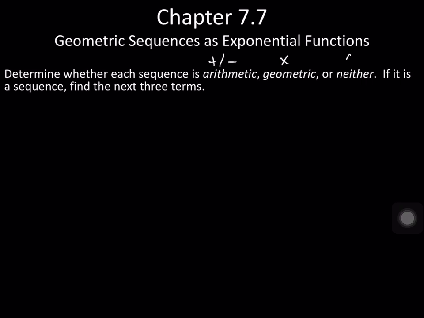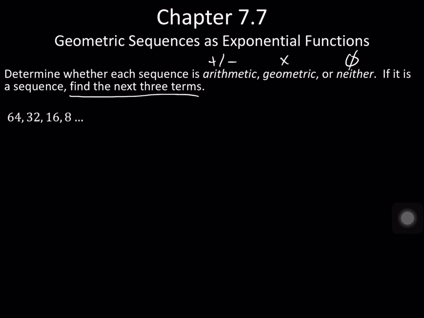Or neither. So it's either going to be an arithmetic sequence, a geometric sequence, or neither. The way we determine that is by what gets me to the next term. Does adding or subtracting something? Does multiplying something? That's going to determine which type of sequence it is. If it's a sequence, we'll then find the next 3 terms.